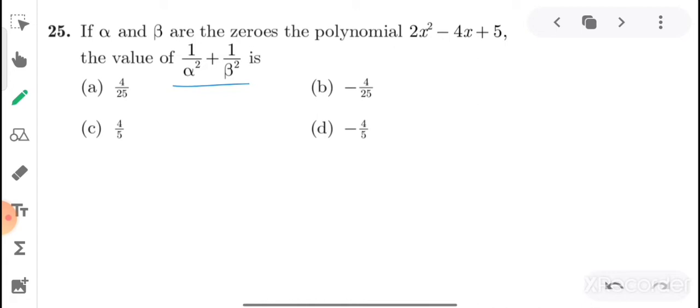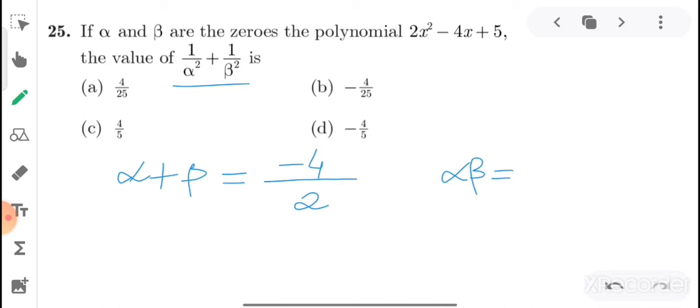We know that the sum of two zeros, alpha plus beta, will be minus the coefficient of x divided by the coefficient of x square, that will be minus minus 4 by 2, and the product of two zeros will be the constant term by the coefficient of x square, that will be 5 by 2.